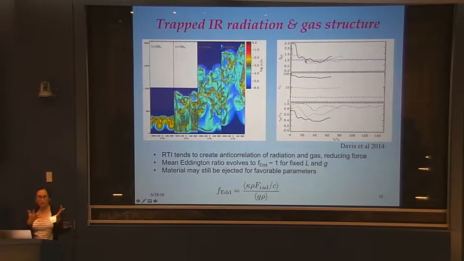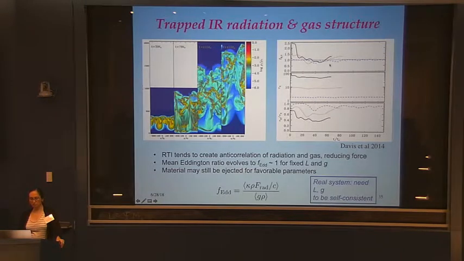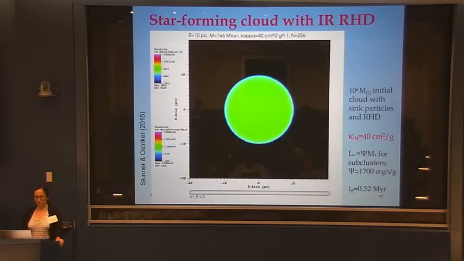So that means the radiation and gas adjust where they are so that you get approximate force balance in the system. These are simulations where they just put in by hand the luminosity and the gravity. So if you want to understand how this can determine the star formation efficiency, you have to do those self-consistently.